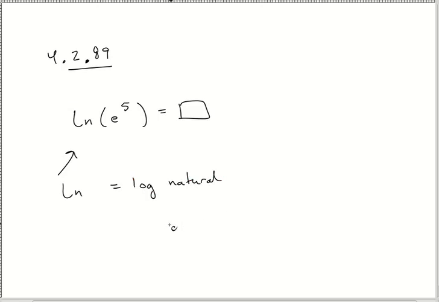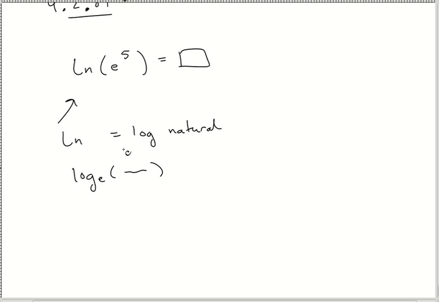But what it is is log base e of whatever. So if there's an ln, what you're really wanting to say here is log base e of e to the 5th. Now this makes it super easy because the e's cancel and make a 5.